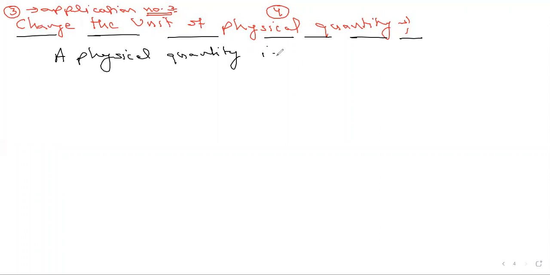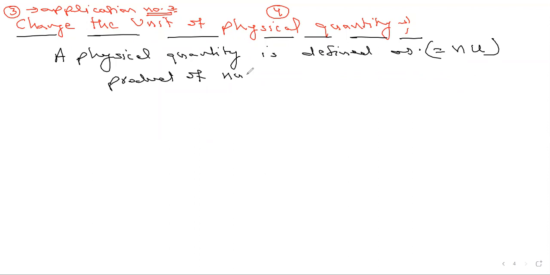A physical quantity is defined as the product of a numerical value, which you say magnitude, with a unit.